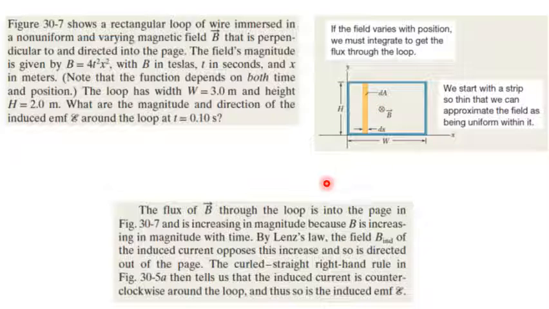If it is out of the page, then according to the right hand rule, the current in this case would be counterclockwise. So the induced EMF would be counterclockwise. Okay? Alright.